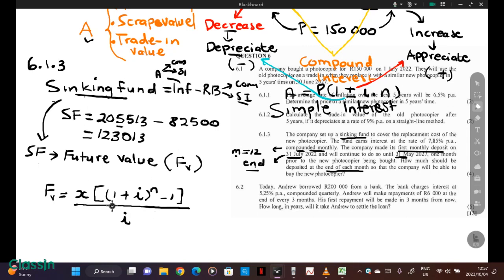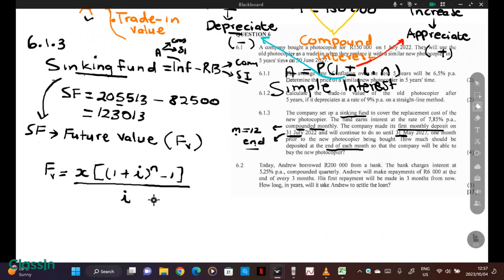So this is our future value formula. And therefore, because it says that the first monthly deposit is on the 31st, which is the end of July, it means that we are going to use this formula as it is.